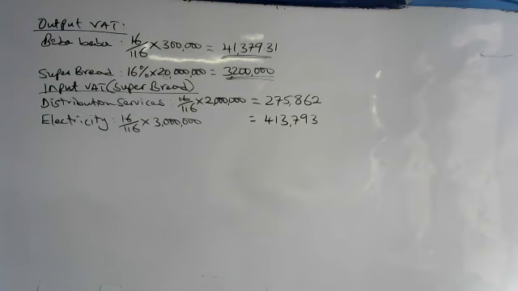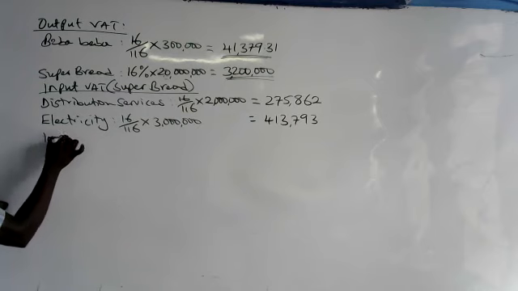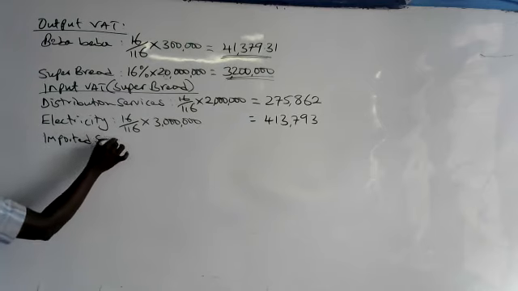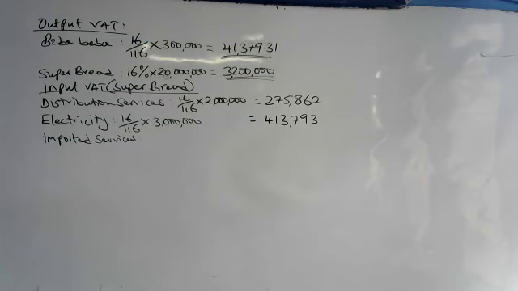The firm also had advisory services from overseas. So imported services, and they were billed 1 million. So 1 million, is it inclusive or exclusive? An overseas company billing us does not add VAT, it doesn't even know our VAT. Because we said imports are always exclusive, don't wait to be told.